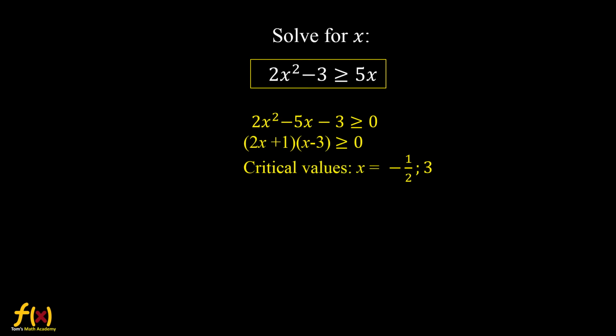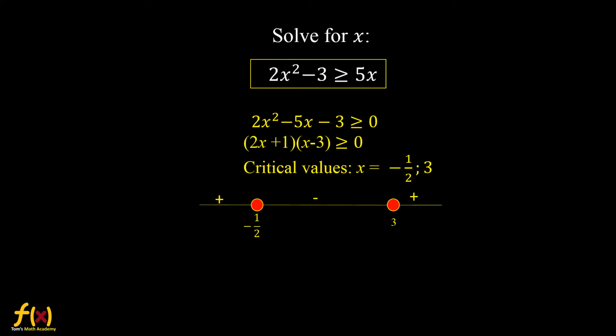Here it is minus half or 3. Mark these two numbers on the number line. Okay, equal to, so it's a dark dot. We get the 2 points on the number line, minus half and 3. Now we also mark the positive sign, negative sign on the number line.